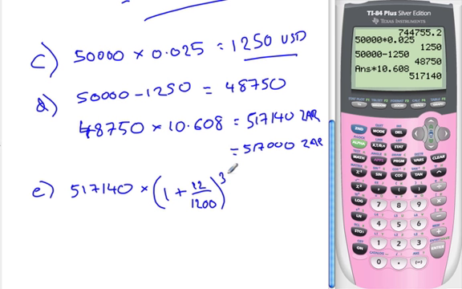And we need to make sure it's 3 years, but 12 months. So that's three years once a month, so that's 36 months. That should give us the amount of South African Rand that he ends up with.